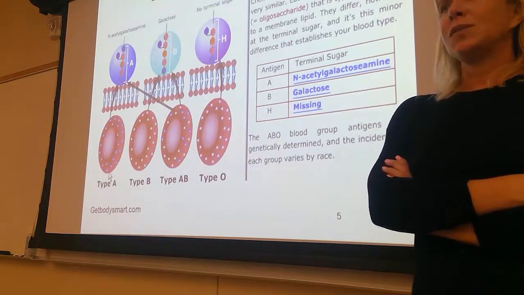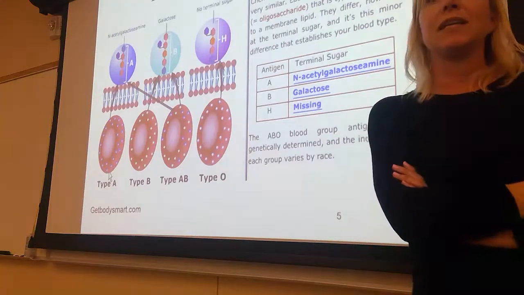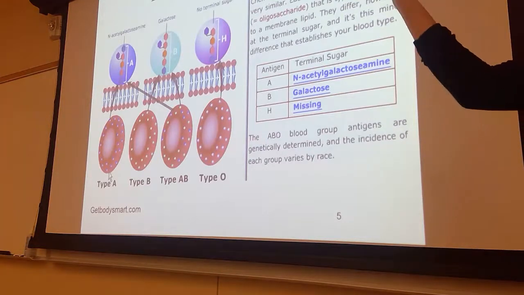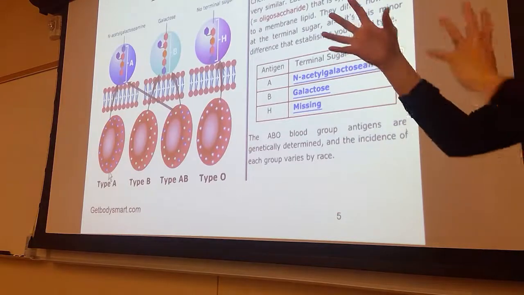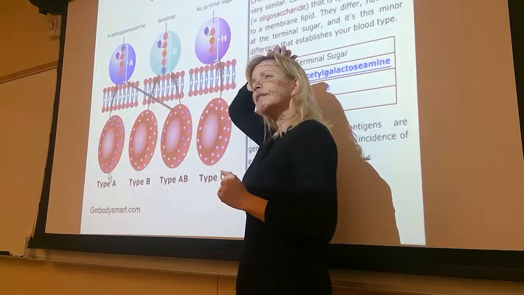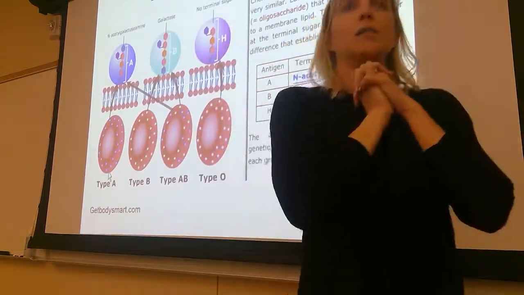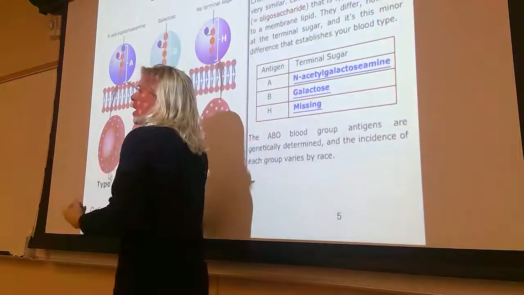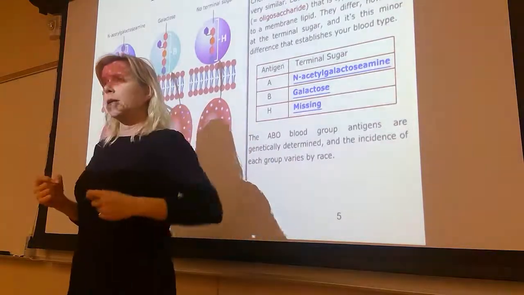Oh, well, here's the cool part that most people don't know, even if they've taken a genetics class. An enzyme puts that sugar on. An enzyme makes these sugars link together. So we can study the genetics of blood typing when we start thinking about the enzyme that is coded for that will put a particular sugar on.